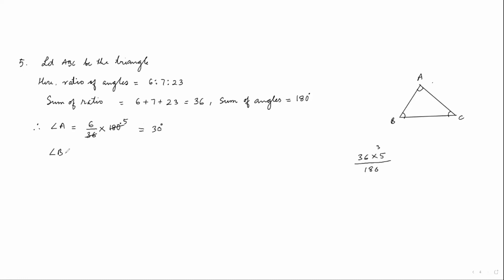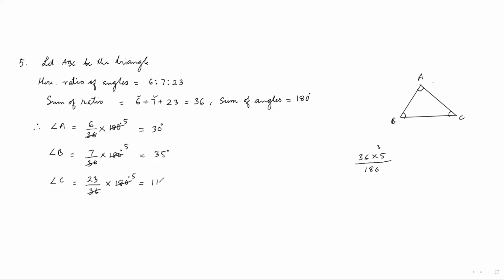Angle B is 7 by 36 times 180 degrees. Cancel and each one is 5, so 7 fives are 35 degrees. The last angle C is 23 by 36 into 180 degrees. If you cancel this, you get 5 again: 115 degrees.